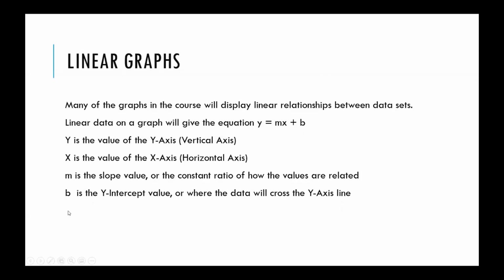Where does this graph cross the y-axis? This would be the same point where x is equal to 0. If you set x equal to 0, that whole term cancels out, so you're left with the equation of y equals the intercept value.